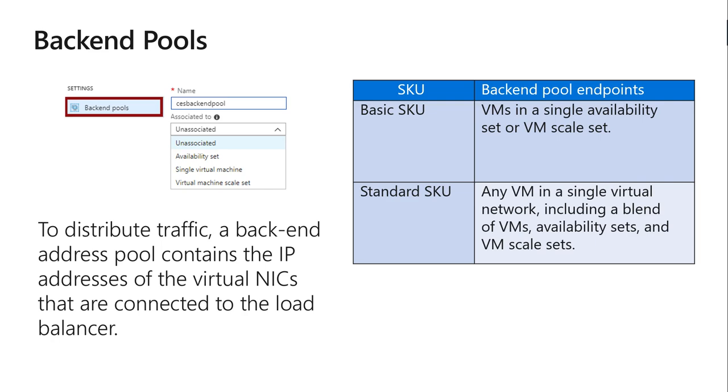The backend pools are configured from the backend pool template. For the standard SKU, you can connect to an availability set, a single virtual machine, or a virtual machine scale set. In standard SKU, you can have up to 1,000 instances in the backend pool. In the basic SKU, you can only have up to 100. That's something not listed in the table actually.